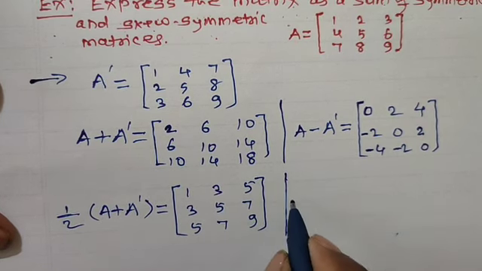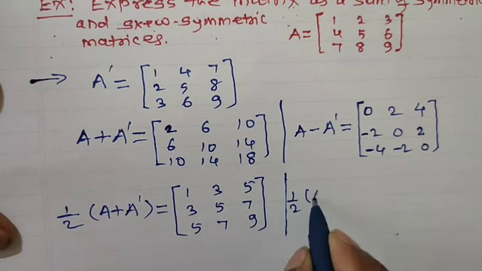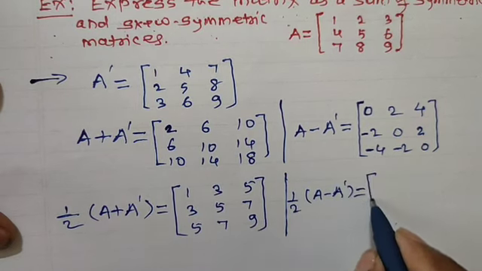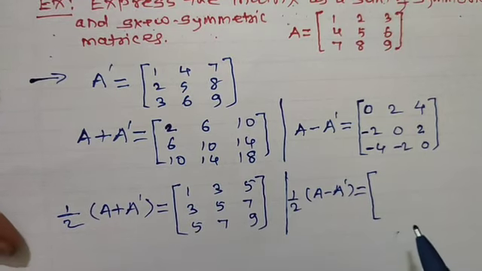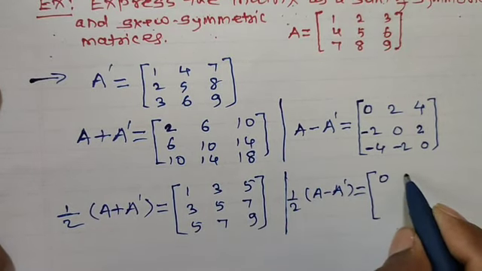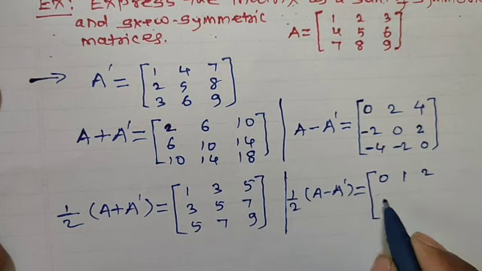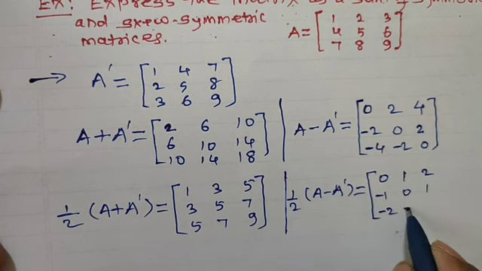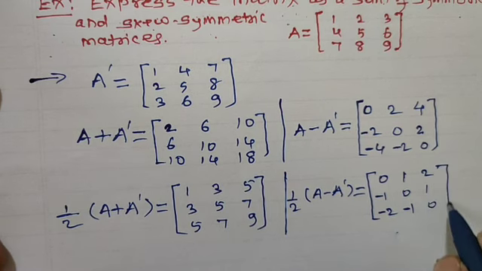Similarly, find half of A minus A dash. So divide each element of this matrix by 2. Then 0, 1, 2, minus 1, 0, 1, minus 2, minus 1, 0.